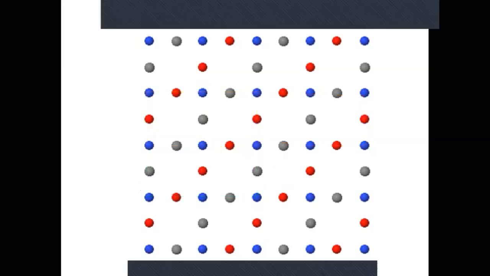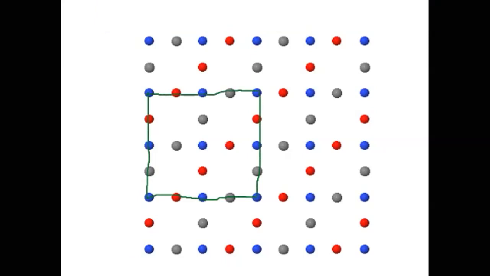What about if we do this? We make this the unit cell. Now if we go to the right, we get the same repeat unit.